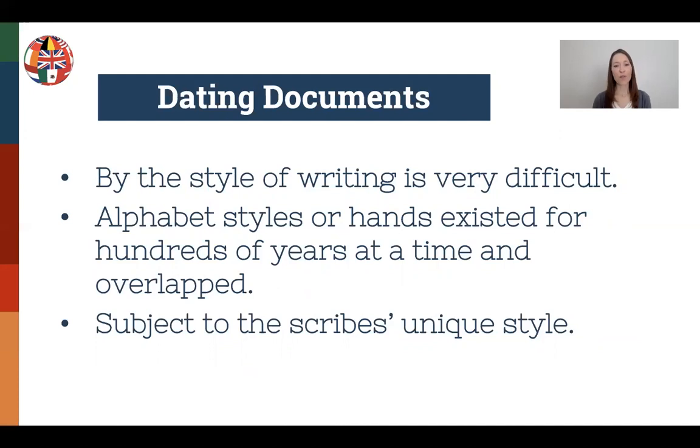So things kind of overlap, and also you have to remember that even today, everybody's handwriting style is different. They might be a messy handwriter, or they might be really precise, and it all just depends on what their style was and also how they learned to write.